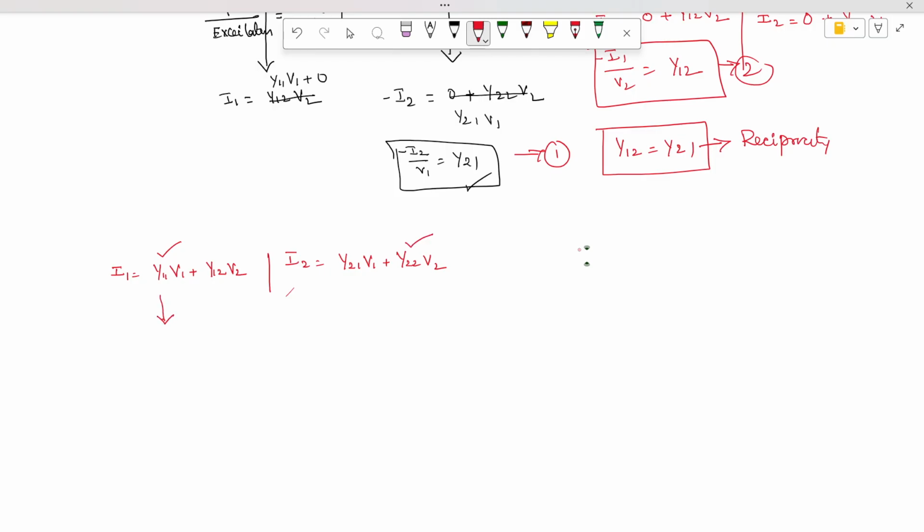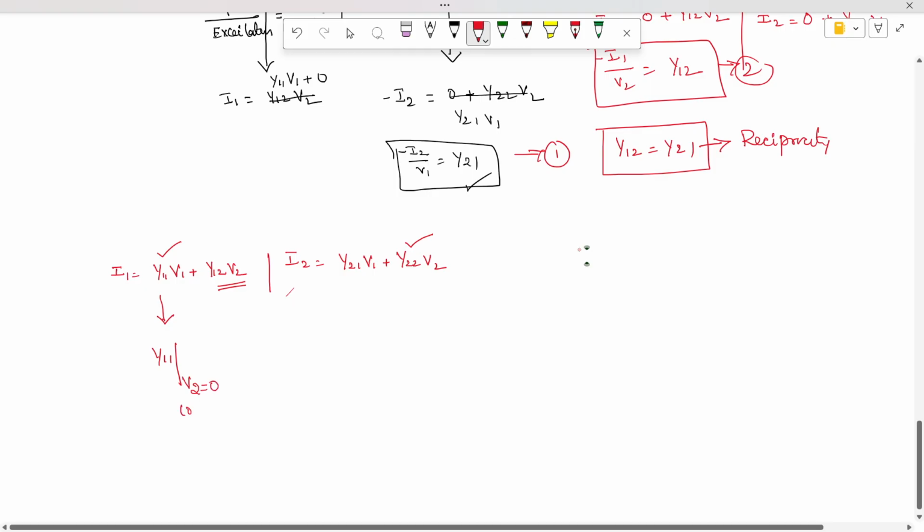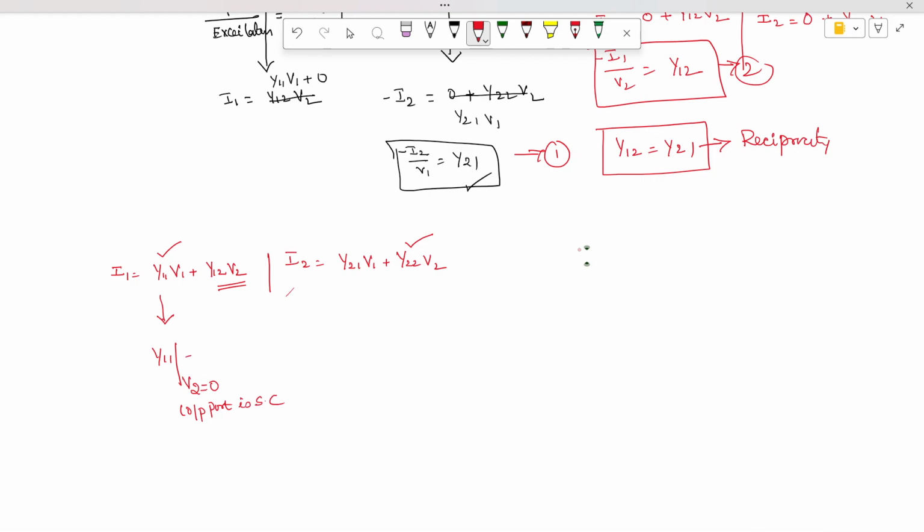How to obtain the value of y11? By making this term 0. What is making this term 0? Making v2 equal to 0 means output port is short circuited. So when output port is short circuited, this term becomes 0.